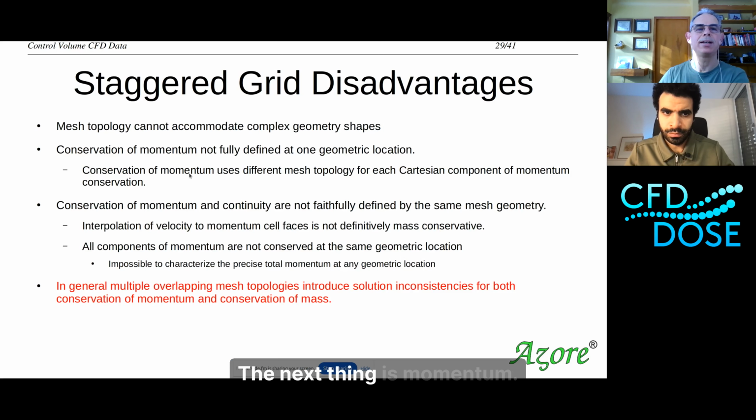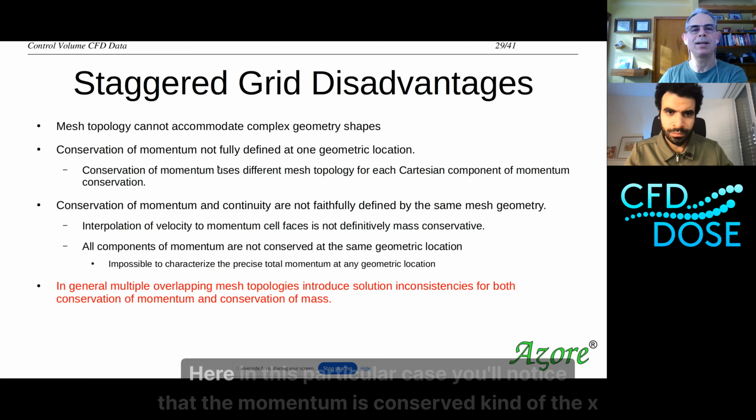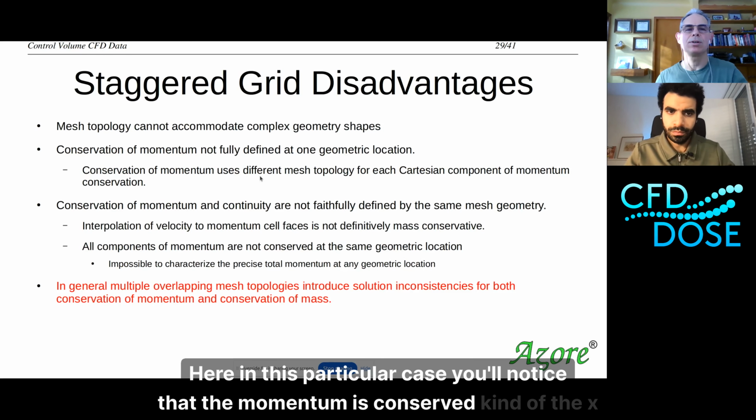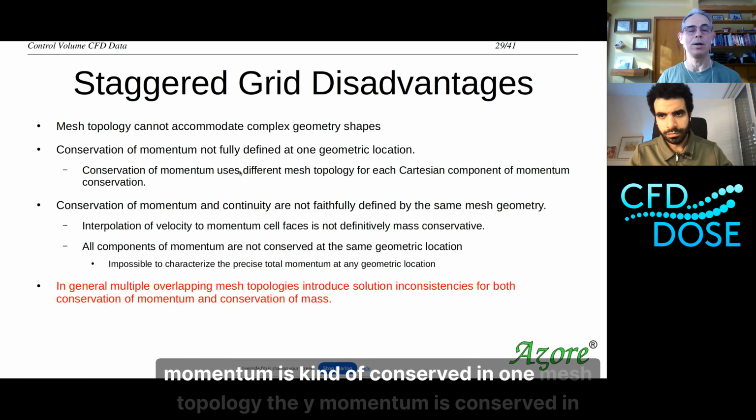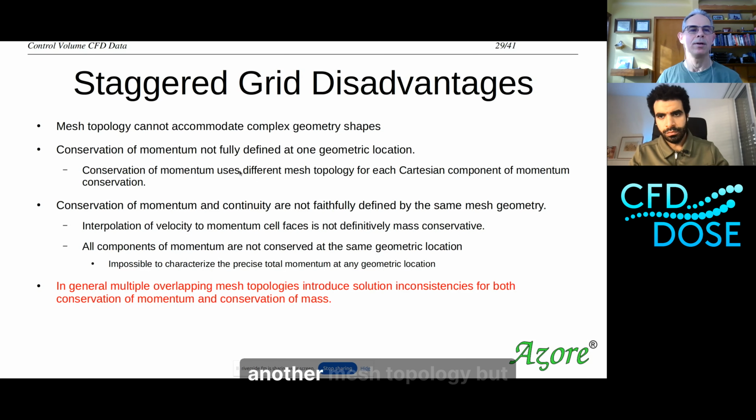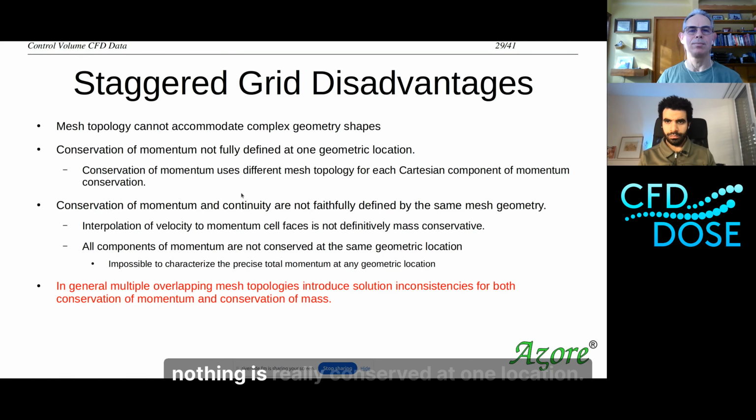The next thing is momentum. Here in this particular case, you'll notice that the x momentum is conserved in one mesh topology. The y momentum is conserved in another mesh topology, but nothing is really conserved at one location.